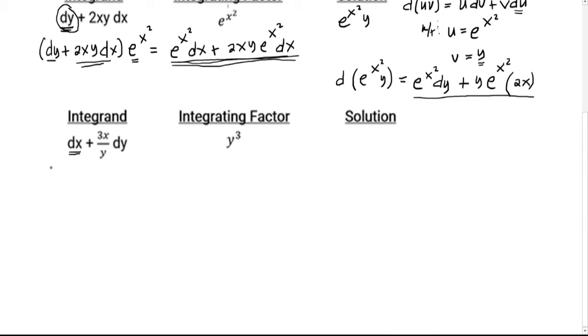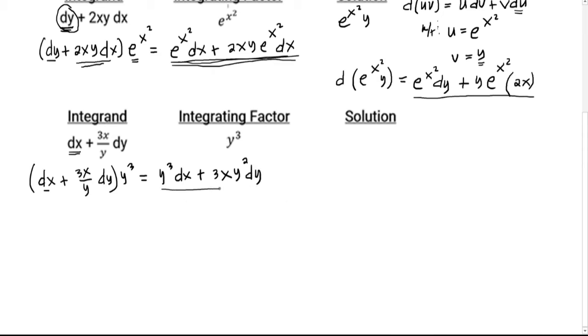We are now going to multiply the integrand by the integrating factor. So we have here dx plus 3x over y dy, then multiply by y cubed. Then dx multiplied by y cubed is y cubed dx, plus y cubed divided by y is y squared. So the answer here is 3x y squared dy.